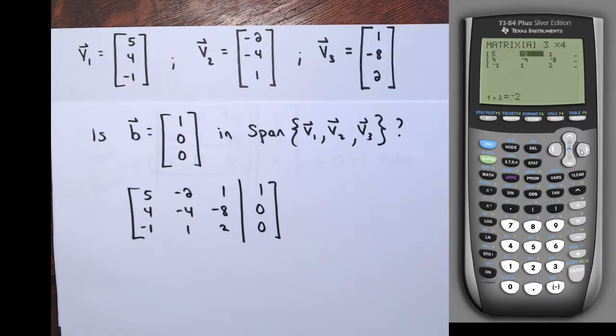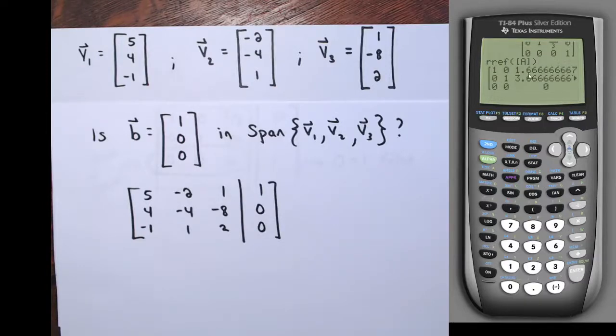All right, the first 3 columns are the same. I'm just changing this last one to 1, 0, 0. Get out of here, go matrix, math, to reduced row echelon form, and then matrix A, it was called matrix A again.